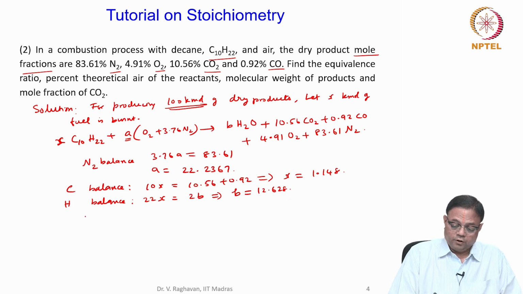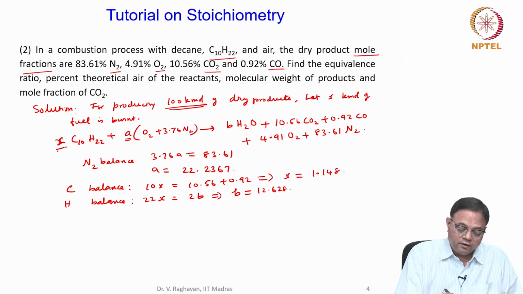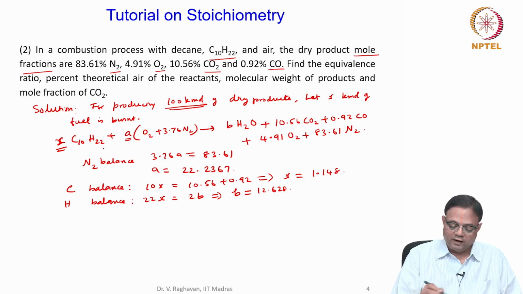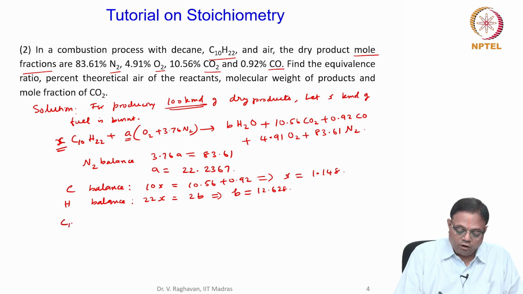Okay, now all are known, but this equation is written for X kilomoles, that is 1.148 kilomoles of decane. Let us divide this now by X and write the equation as usual for 1 kilomole of fuel.